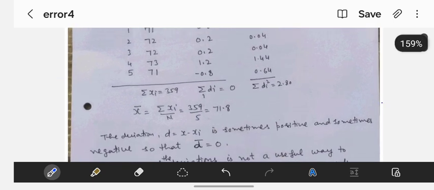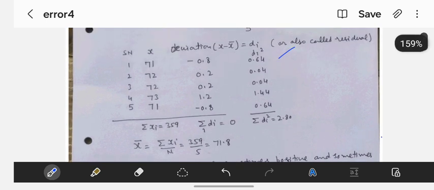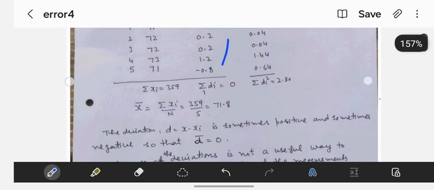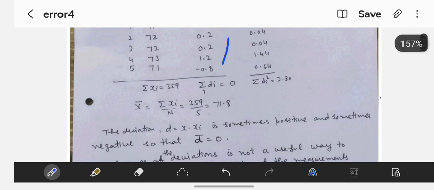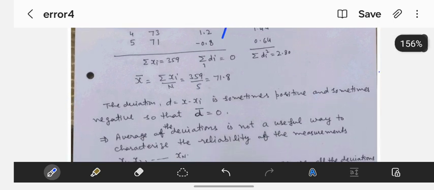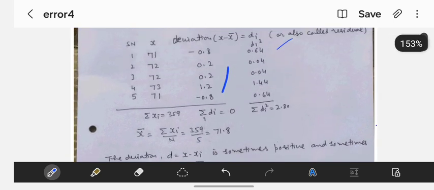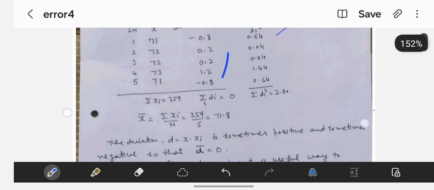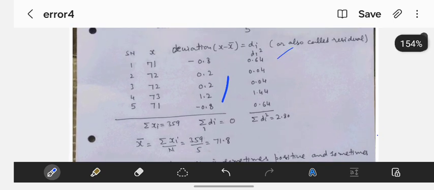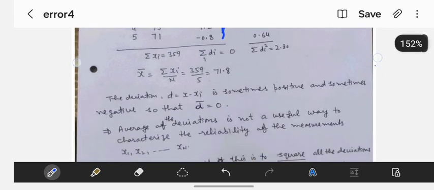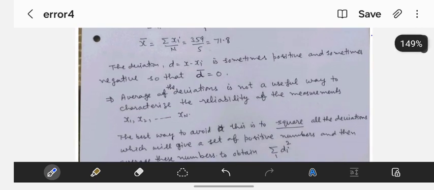Now if we take the average of the deviations only, then we will get this. First of all, to calculate the deviation, we can just add up as it is, and then divide it by the number of observations, that is 5, and we will get 0 in the deviation.